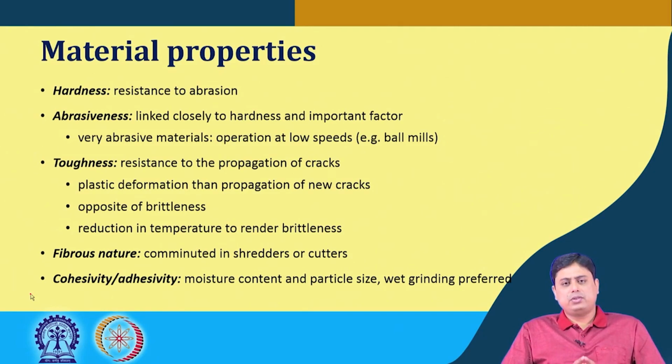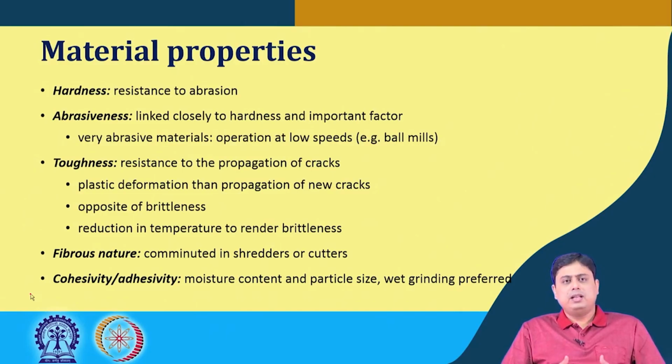These materials exhibit plastic deformation rather than propagation of new cracks. So, controlling size reduction is difficult with tougher materials, and sometimes if we reduce the temperature while processing these materials, it can render some brittleness, which helps in terms of energy consumption.